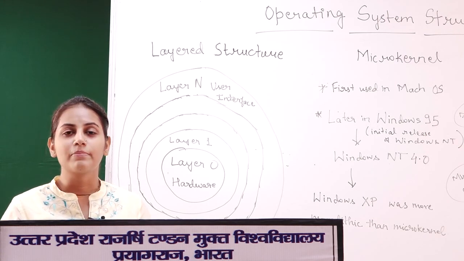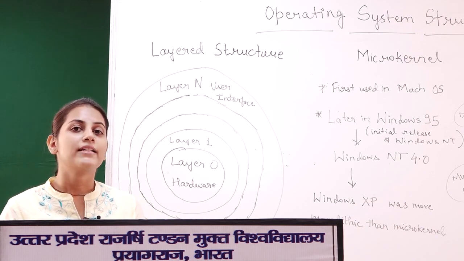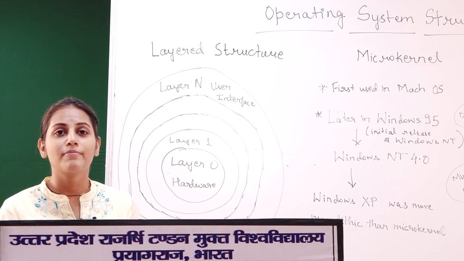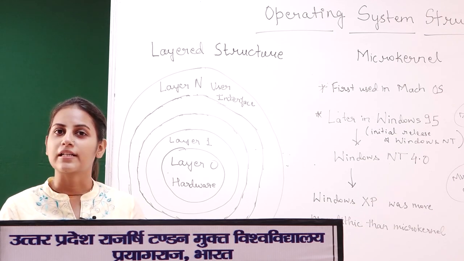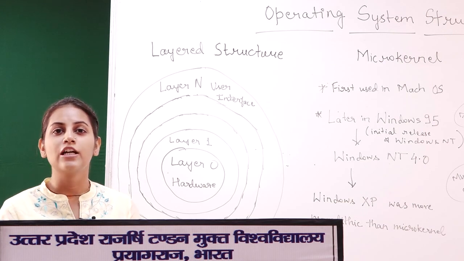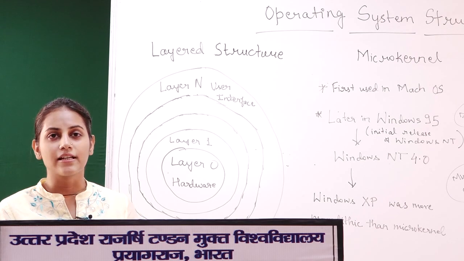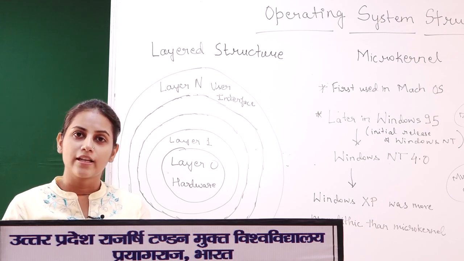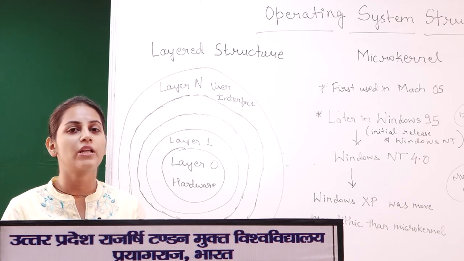This is not as simple as it might seem to be, because different layers might need functionalities of very many different layers. And beforehand, when you are designing an operating system, it is not very easy to understand how these functionalities need to be divided so that each layer only accesses the functionalities that are provided by layers below it.